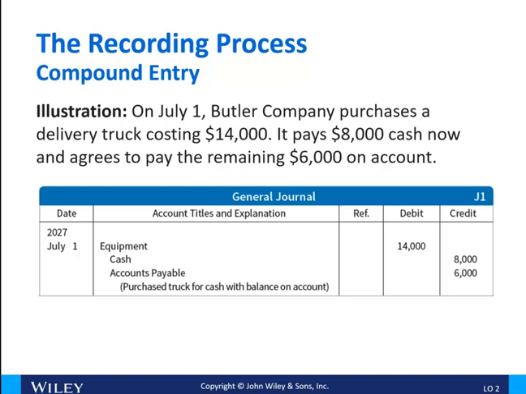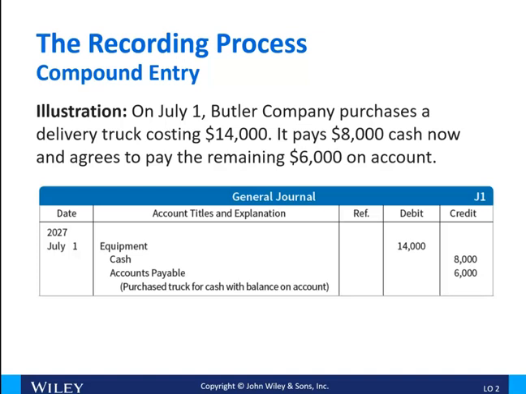So in this example, Butler Company purchases a delivery truck costing $14,000. It pays $8,000 cash now and agrees to pay the remaining $6,000 on account. Okay, pretty typical transaction when you buy a vehicle, a truck in this example.